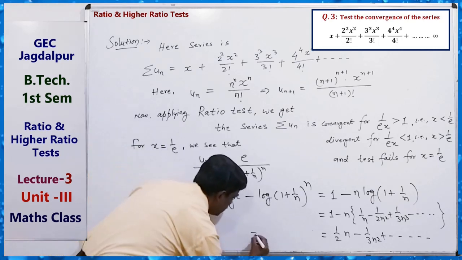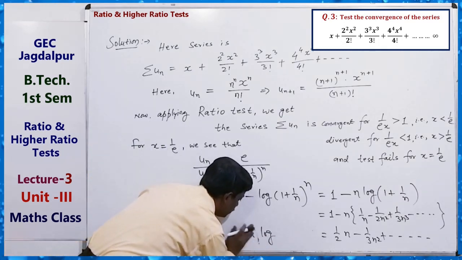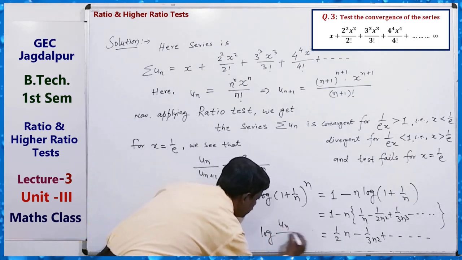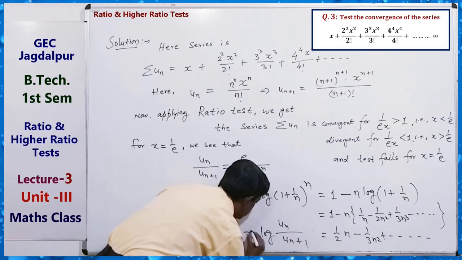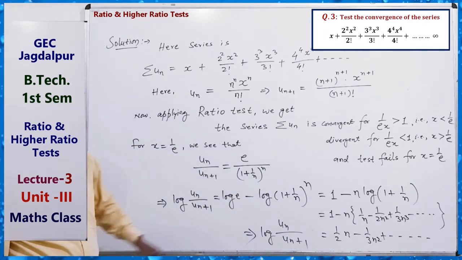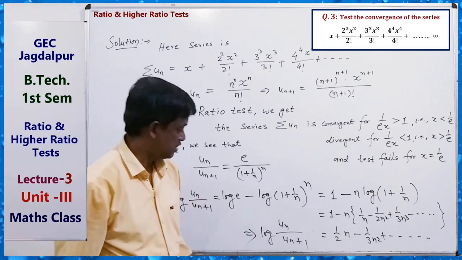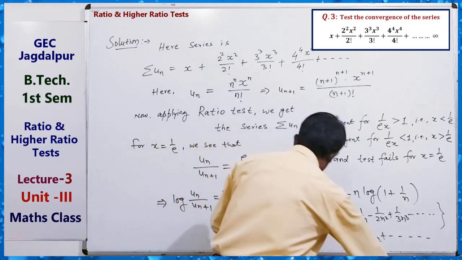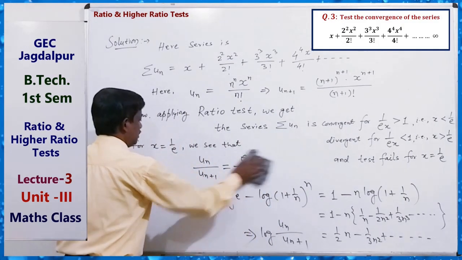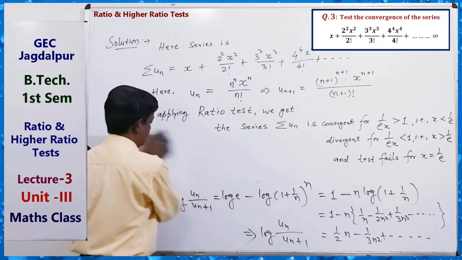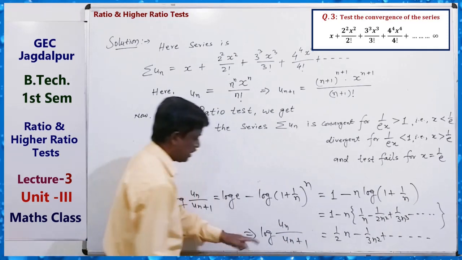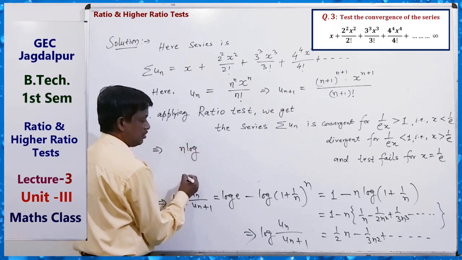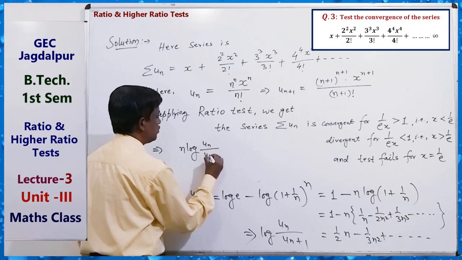So what is this? Log of un upon un plus 1. Clear? So we are getting this. Now for the logarithmic test, also multiply this by n. So we get n log of un upon un plus 1.